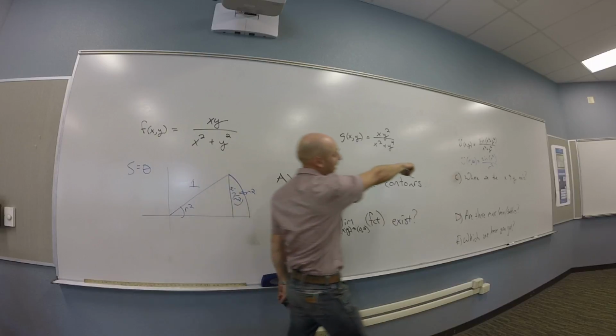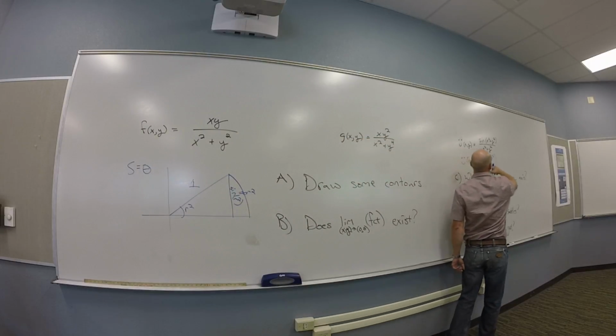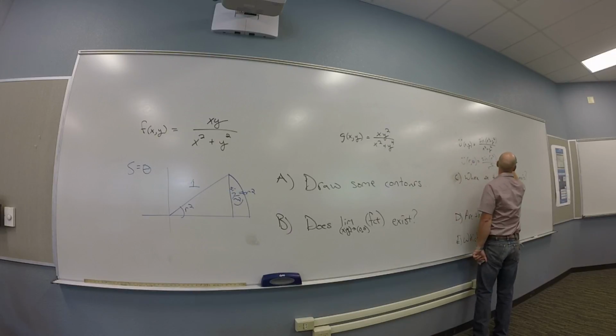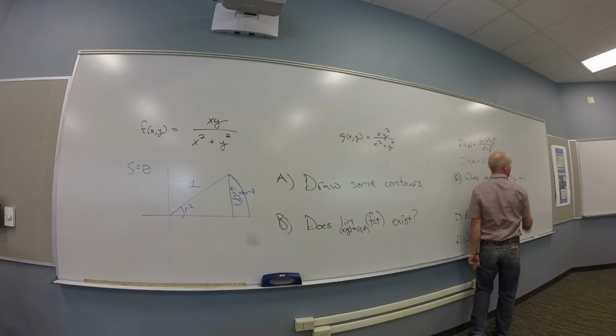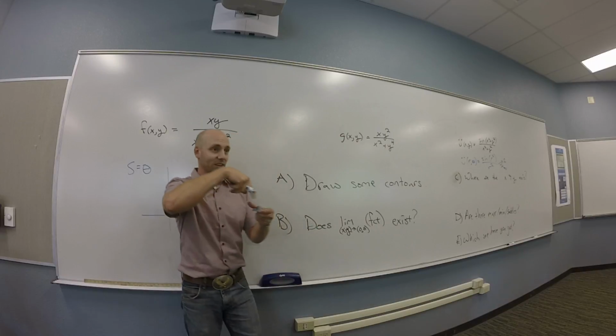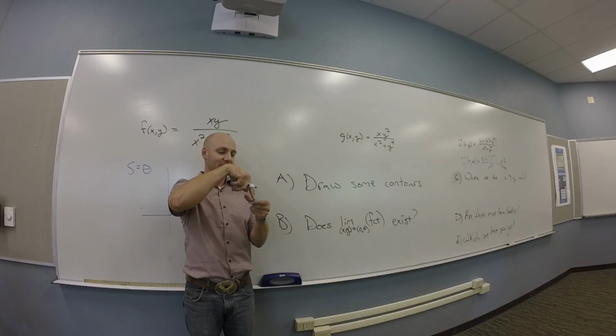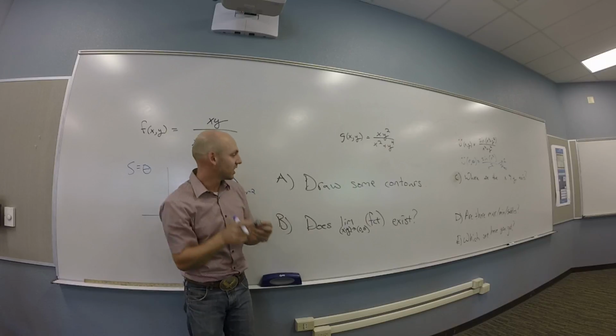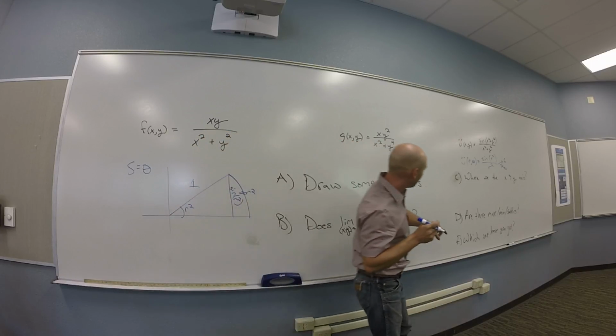So the limit as we send r squared to 0 of sine of r squared over r squared is 1. This piece tends to 1 as r squared tends to 0. So that limit does in fact exist, at 1, and it is in fact 1 high.